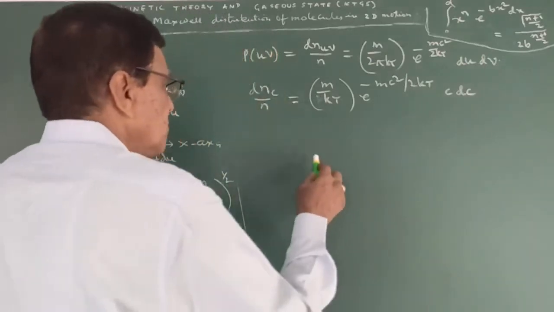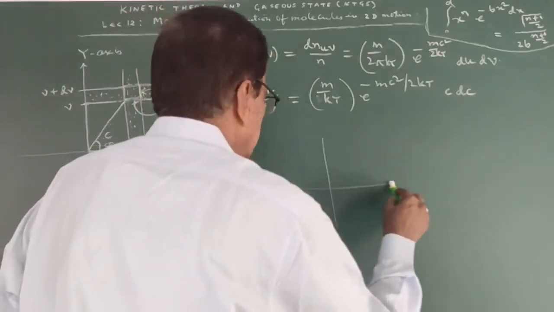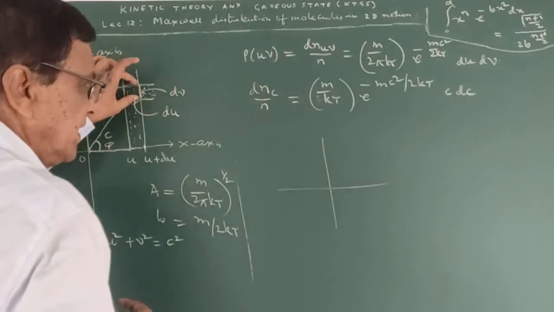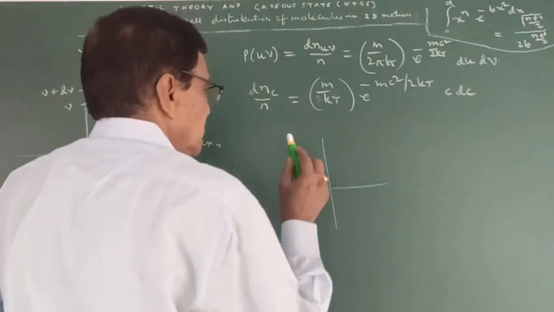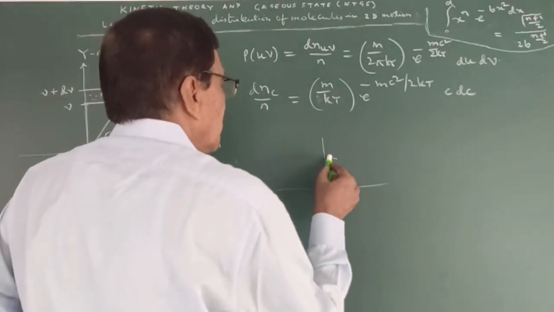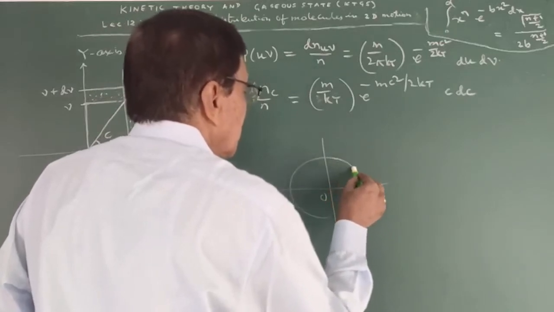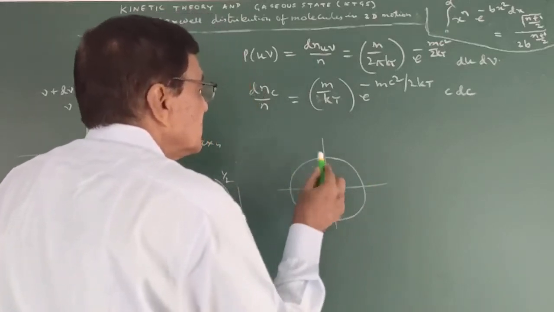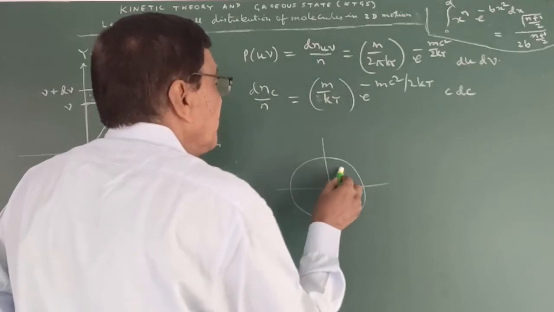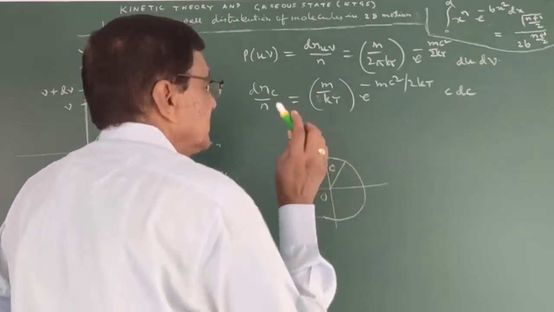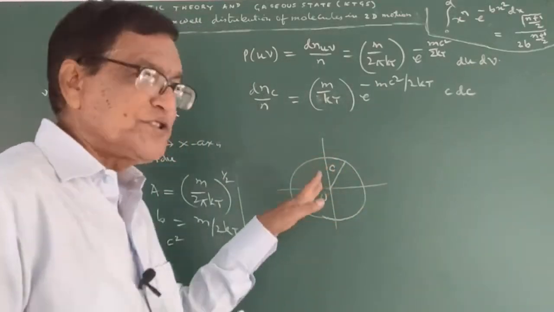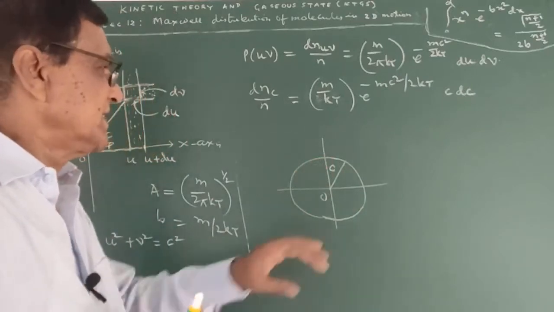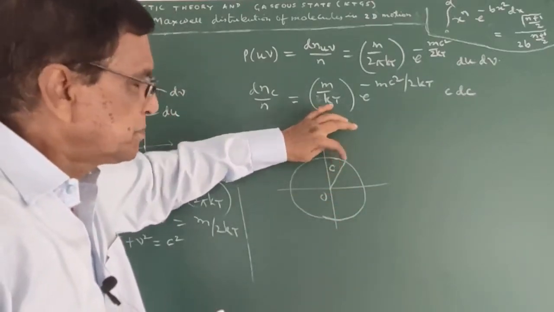Then in polar coordinates, this is the origin, and you can write a circle of radius c. In velocity space, it is the speed.